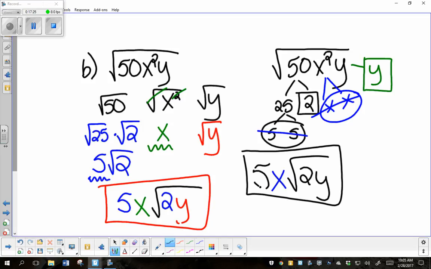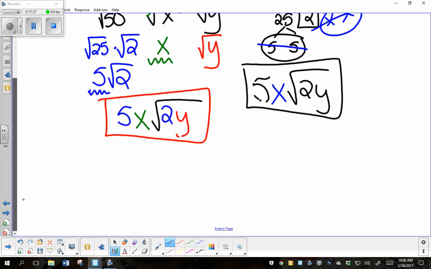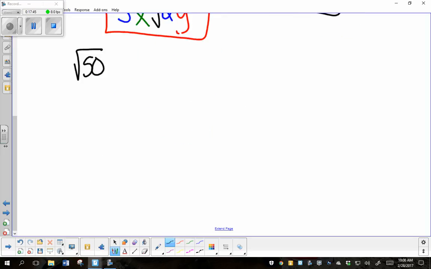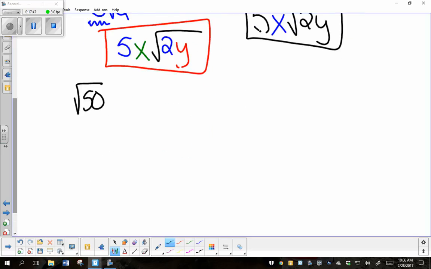It's up to you, yeah? A perfect square? No, you don't have to. If you did, let's say for the square root of 50, which we know should end up 5 square root 2, you guys should keep paying attention even when someone else has a question. So if we did square root of 50, you don't have to unless you want to.